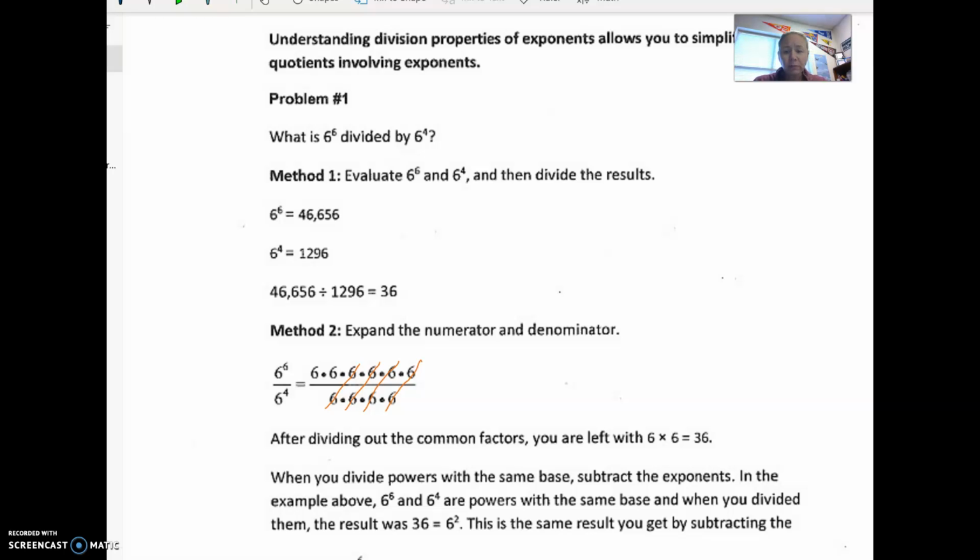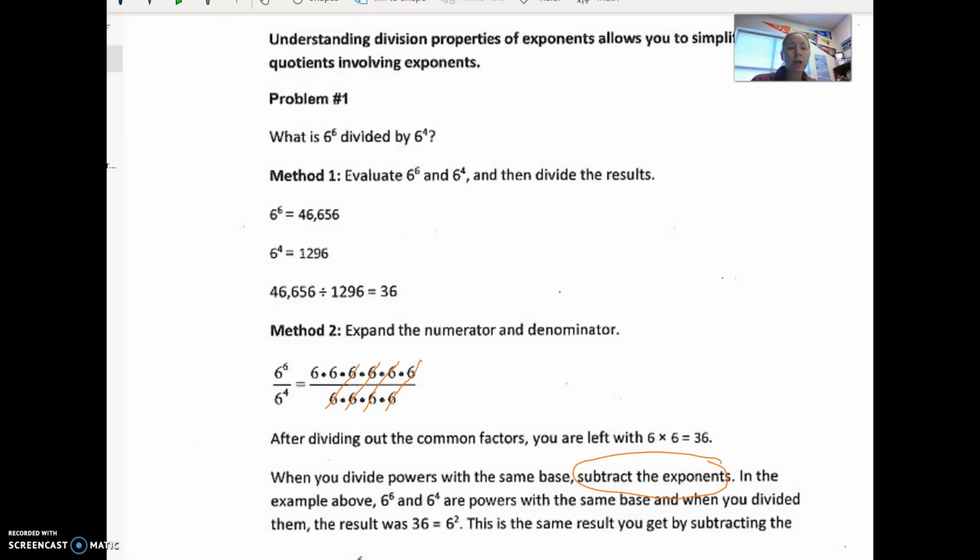So when we look at this here, when we divide powers with the same base, all we need to really do is subtract our exponents. So we can see that's what's going on here. If we take 6 minus 4, we get 6 squared, and 6 squared is 36.